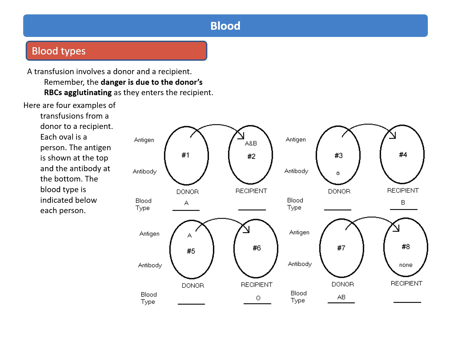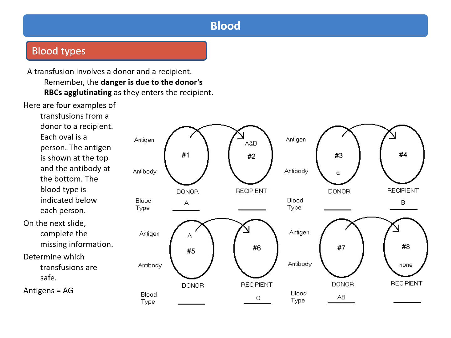As we mentioned already, the antigen is shown at the top, the antibody at the bottom within the figure, and the blood type is indicated below each person. On the next slide, you'll be asked to complete the missing information. You'll also determine which transfusions are safe.